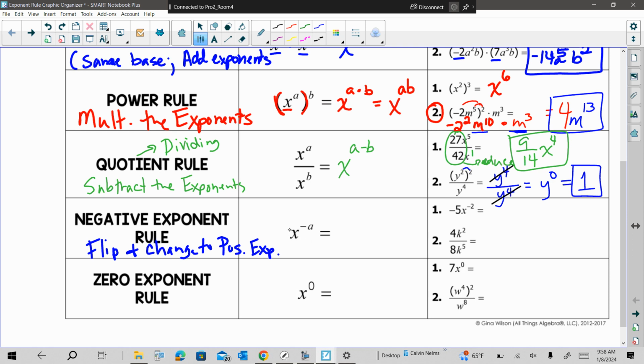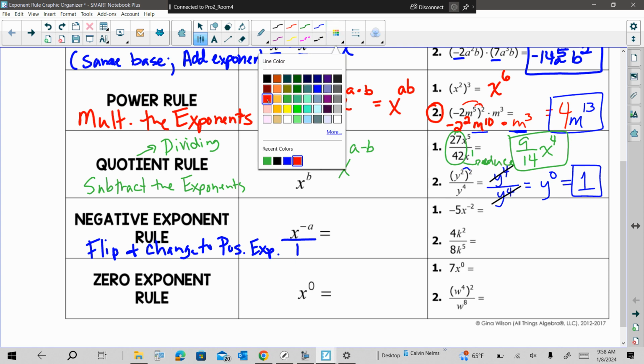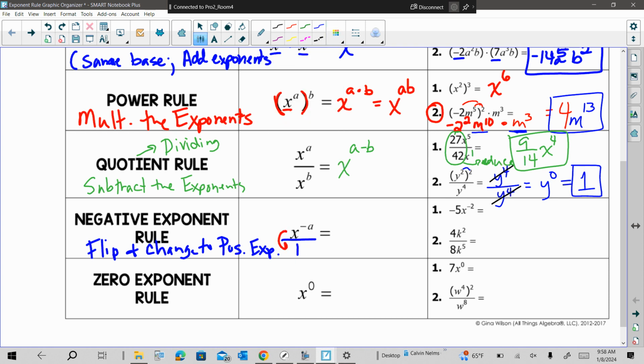If we don't have a fraction, you just change that to a fraction, a number over 1. So add that x to the negative a over 1. We're just going to flip this, meaning I'm moving this to the bottom and the 1 to the top. So this now becomes 1 over x to now a positive a. And this is our rule.